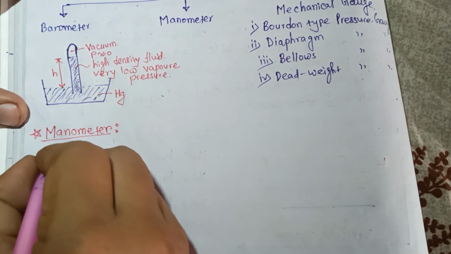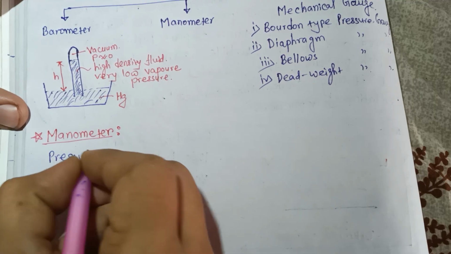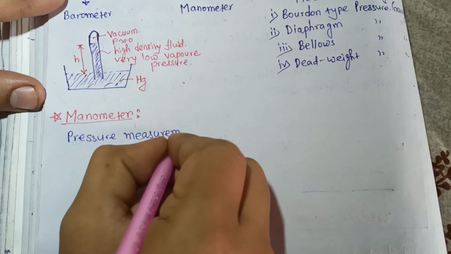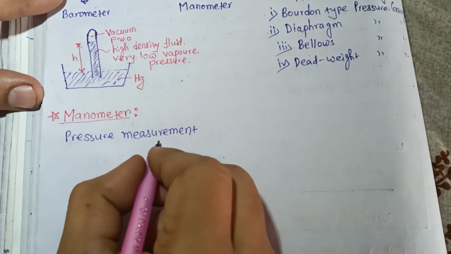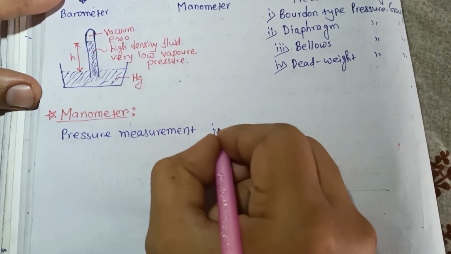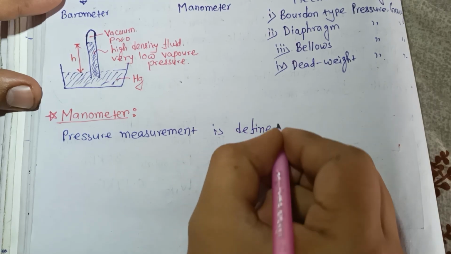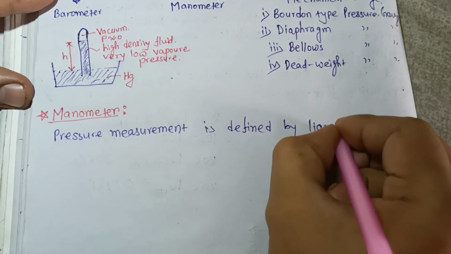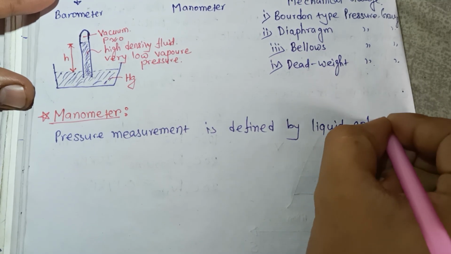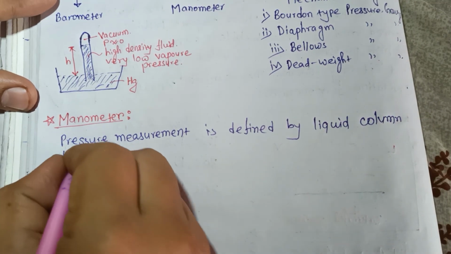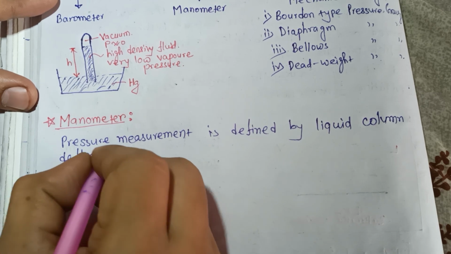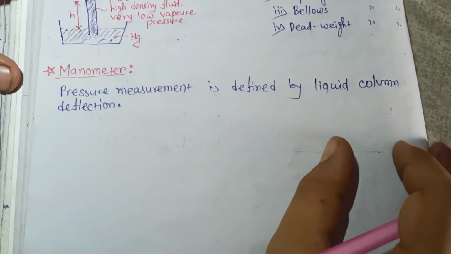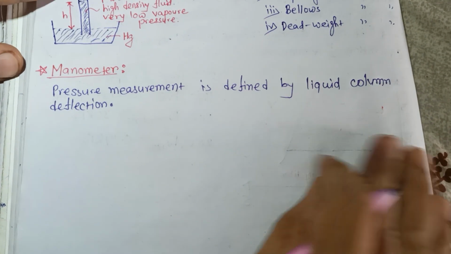The manometers are of two types: simple manometer and differential manometer.